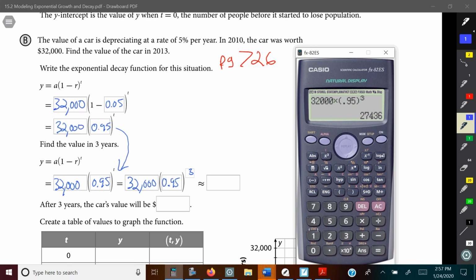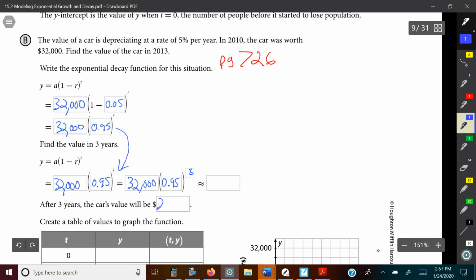Okay, so the car value will be 27,436 in 3 years. Oh, and that's the same number here, 27,436.